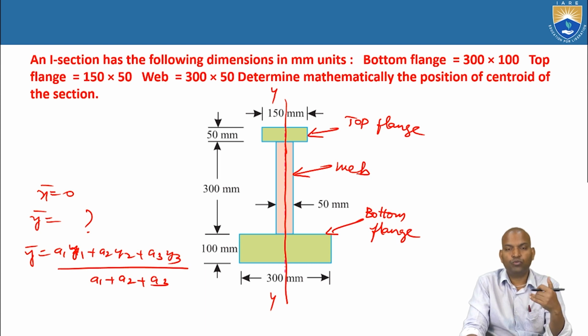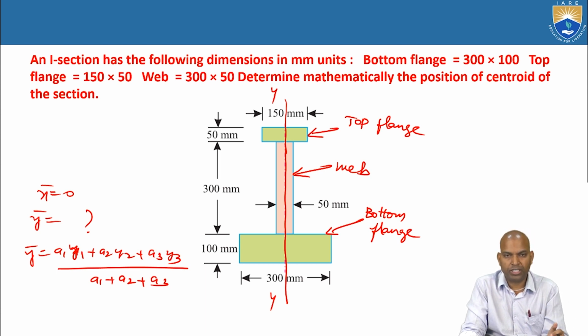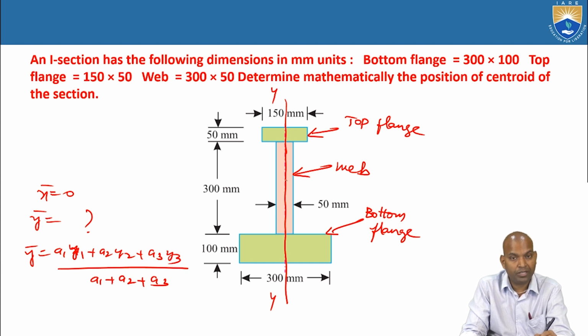There are two flanges, top flange and bottom flange, and the middle portion is the web. This terminology is highly useful for calculating the moment of inertia of I section and centroid of the I section. Here, the top and bottom flanges are not equal in geometry. The dimensions are not equal.